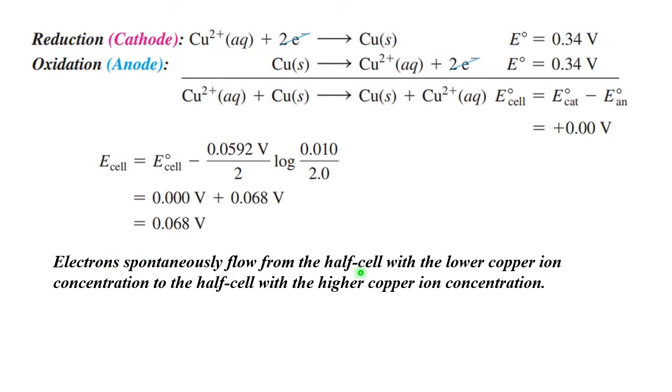Electrons spontaneously flow from the half cell with lower copper ion concentration to the half cell with higher copper ion concentration. So the voltage is coming only as a result of different concentrations. The chemistry at the left and right side is exactly identical. It's an interesting observation. You need only a difference of concentration.